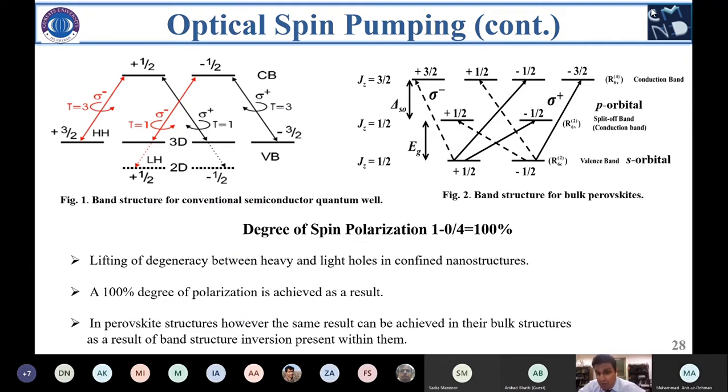Now, if you consider this inverted band structure in figure 2 and excite this material at its band gap energy, the only transition that is allowed at the band gap energy is from the plus 1/2 state in the valence band to the minus 1/2 state in the conduction band. So this gives 100% degree of polarization in its bulk state, which is very interesting, which makes these materials so exciting for spintronic devices. This was the main part of this.